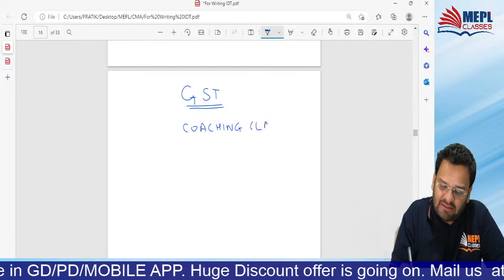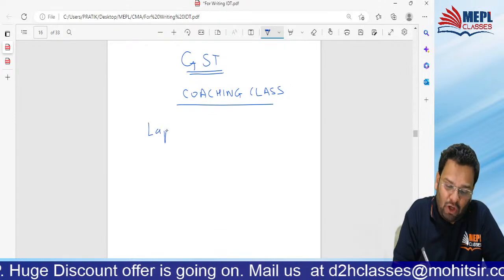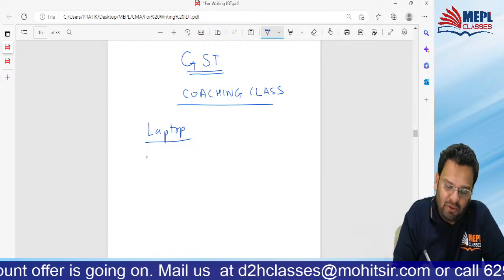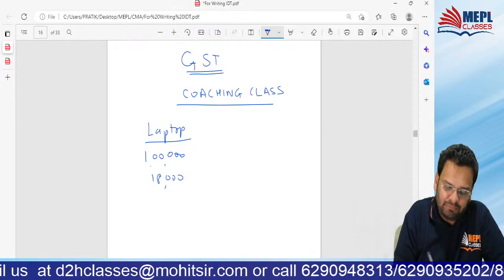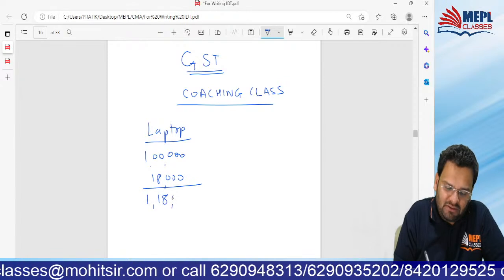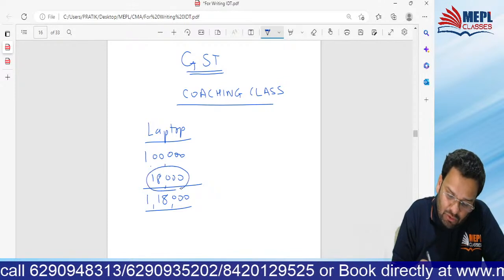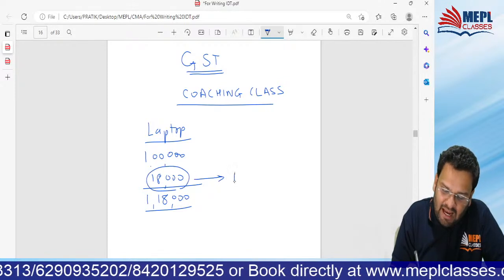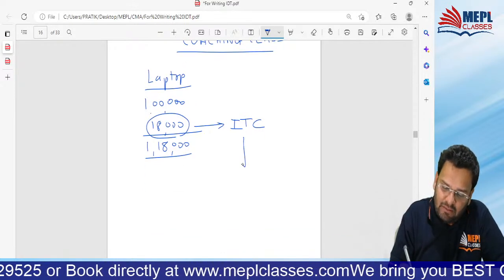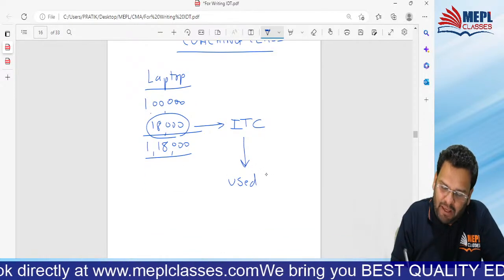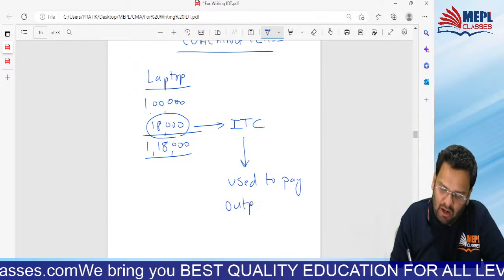Same coaching class purchasing a laptop, say it purchases a laptop of 1 lakh plus say 18% GST. So it pays 1 lakh 18,000. This 18,000 rupees, which is ITC, can be used to pay output tax.